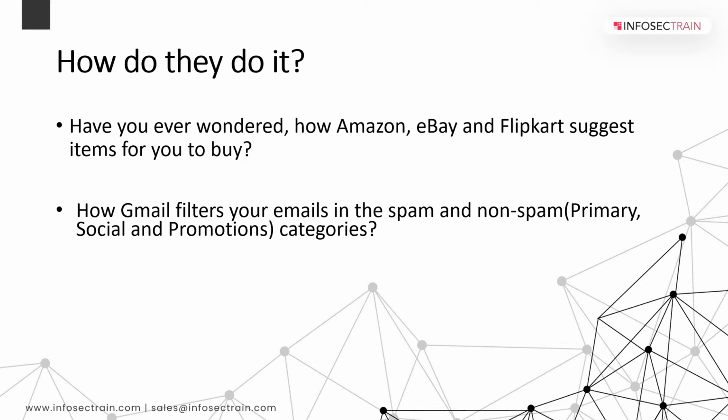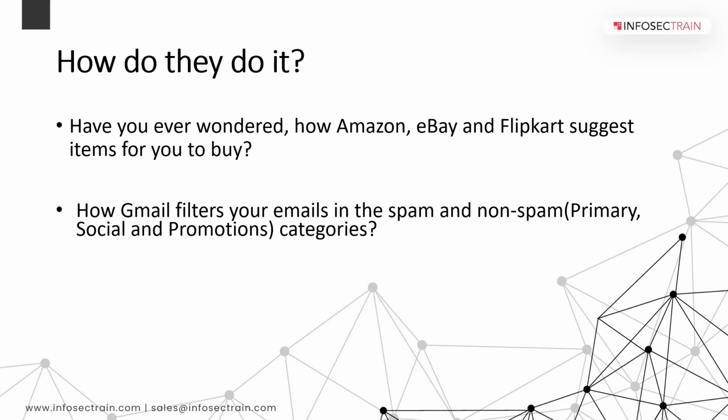So Gmail classifies our emails into two categories: spam and non-spam. Then for the non-spam emails, they apply the same thing again, classifying them into primary, social, and promotions.